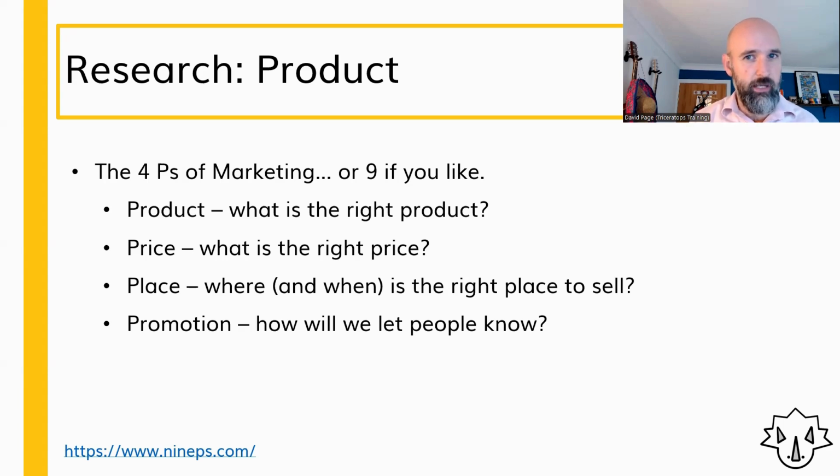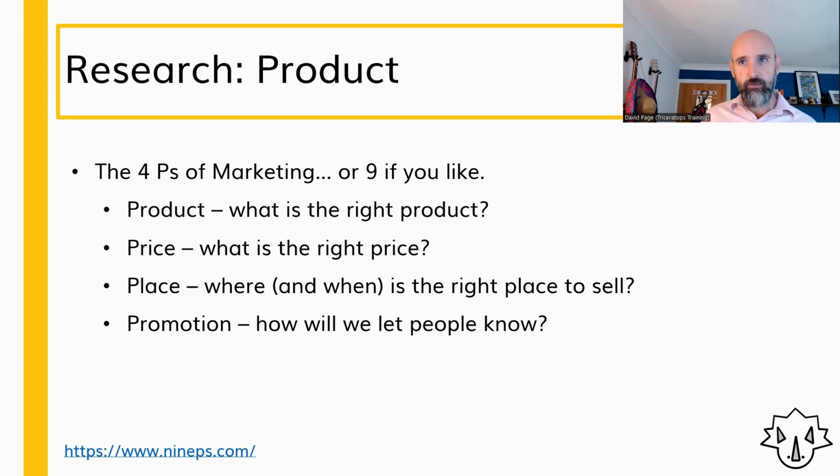We need to be selling the right thing. What is the right price to be selling that at? We need to figure that out, don't we? Where is the right place to be selling it or promoting it? Because we also need to find out how is the best way of promoting it? How are we going to let people know?